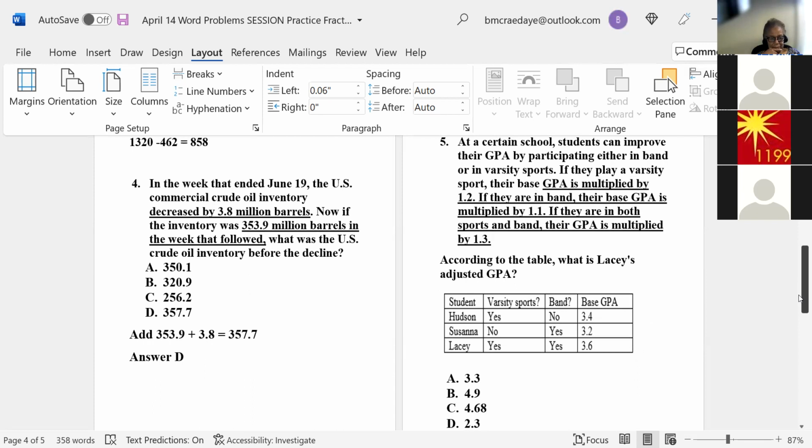Her base is 3.6. So we have to multiply Lacey's GPA 3.6 by 1.3. Yes, 1.3. So what would be the answer?